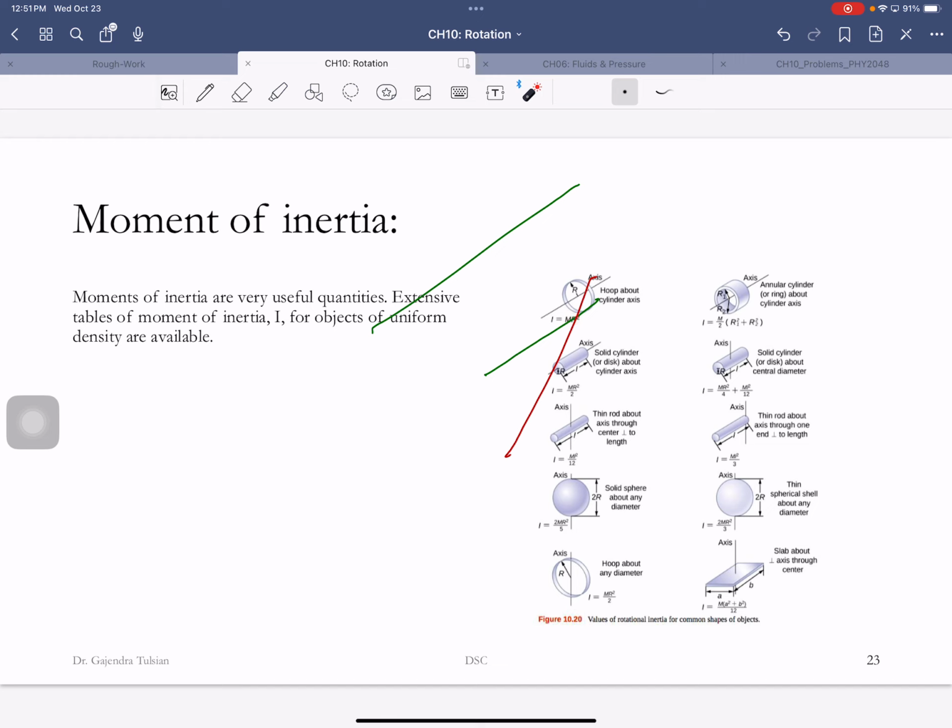Again, moments of inertia are given about particular axes, the most commonly used axes. The moment of inertia of this cylinder is given about that axis. The moment of inertia of a solid sphere is 2/5 mr squared, and so on. In general, the further the mass is distributed from the axis of rotation, the greater the moment of inertia.